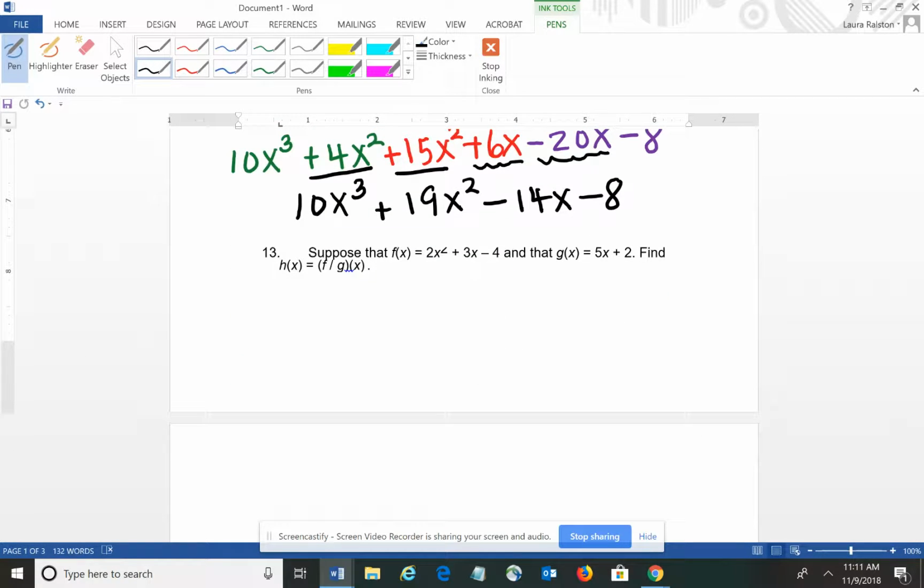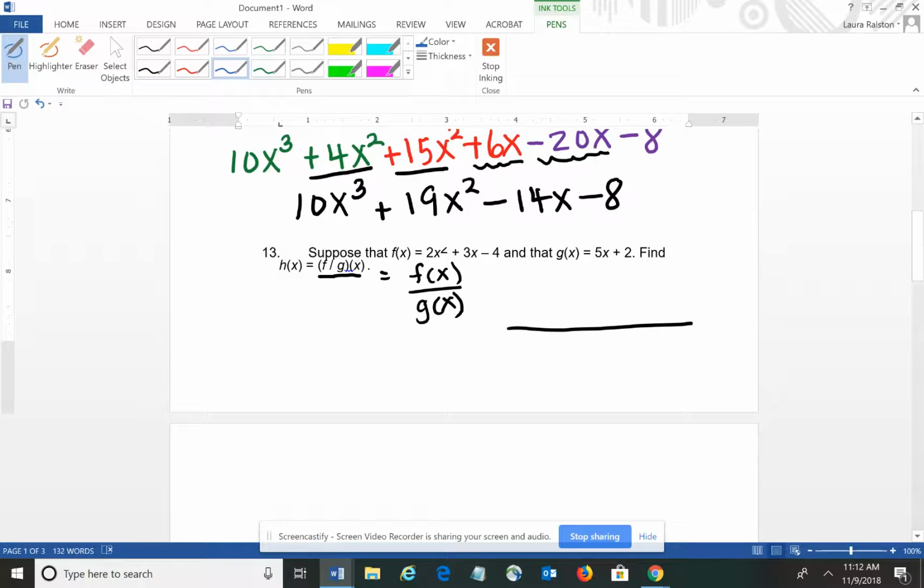Question 13 asks you to do division. And division is indicated kind of by that slash mark. Typically it's going to be written like a fraction. So here again we find the value of f, we find the value of g, and then we divide, and it's written like a fraction. Now, since it is written like a fraction, you want to try to simplify if that's possible.